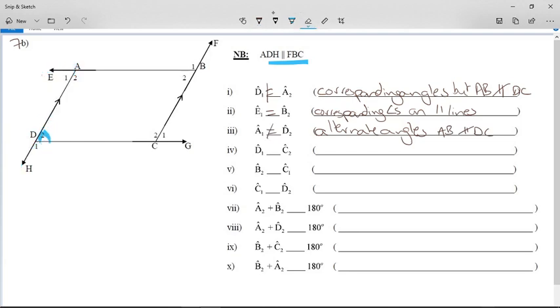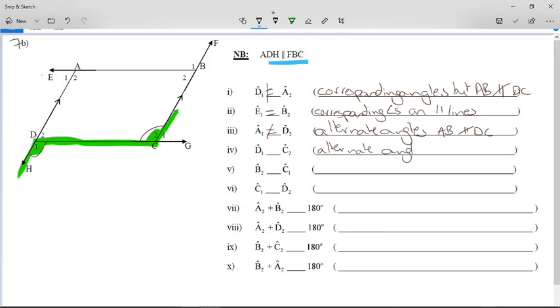Then we've got D1 and C2. Here's D1, and here is C2 over here. I can make a zigzaggy thing. One is on top of my transversal and the other one is below, making this nice zigzag shape, an N or a Z. So these are alternate angles.